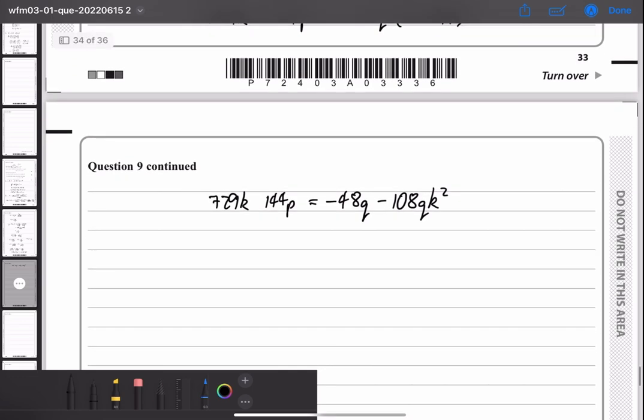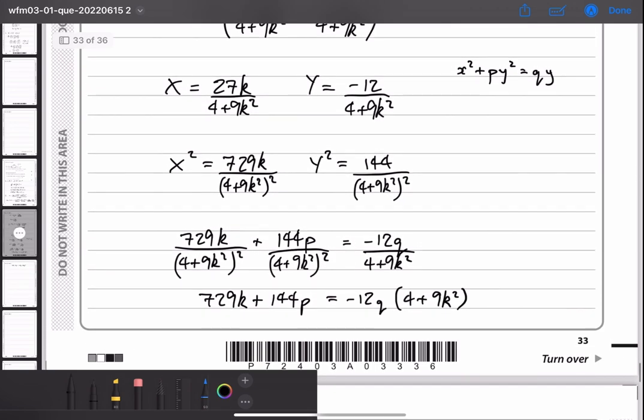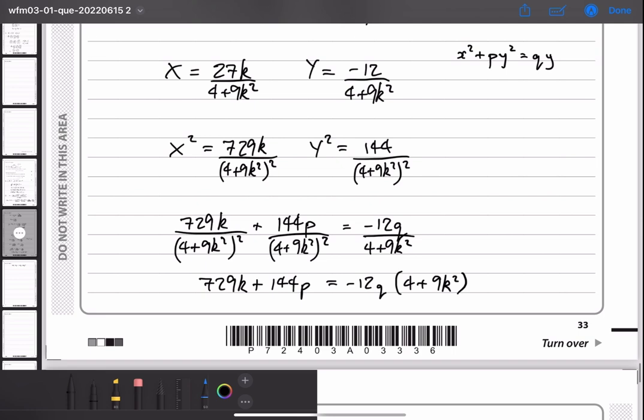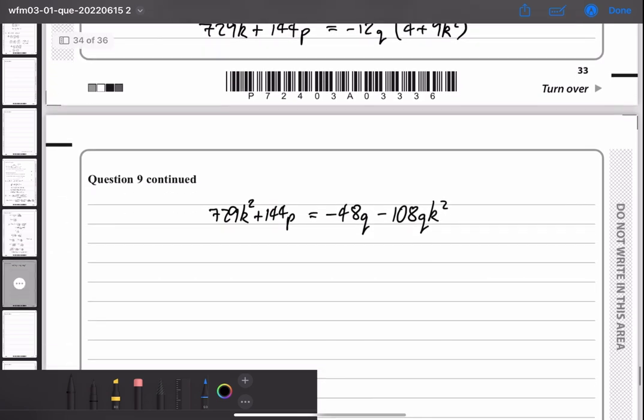Well, now that does not equate, which makes me think I've made a mistake. K squared. There it is. Well done if you saw that earlier. So now we've got k squareds, which need to match, gives us 729 must equal minus 108q. So q must equal minus 27 over 4.